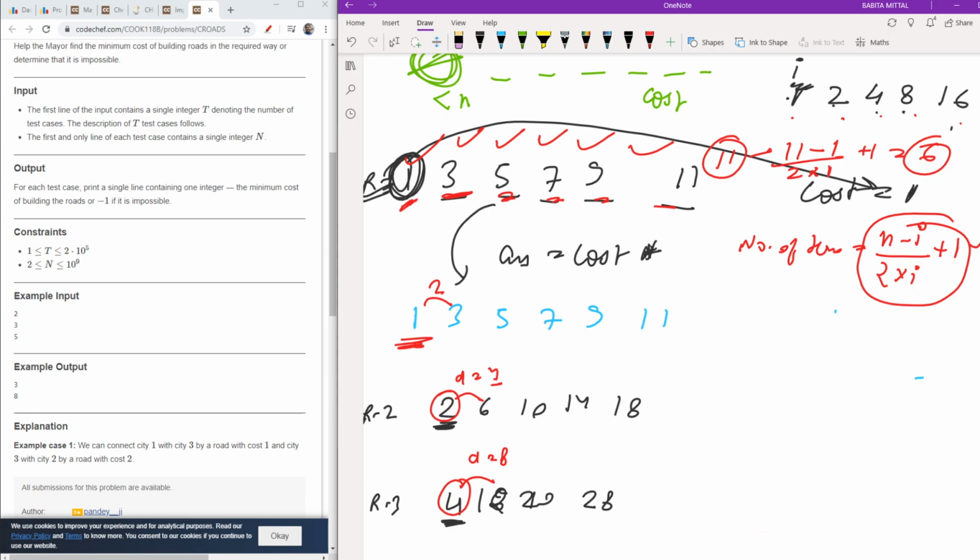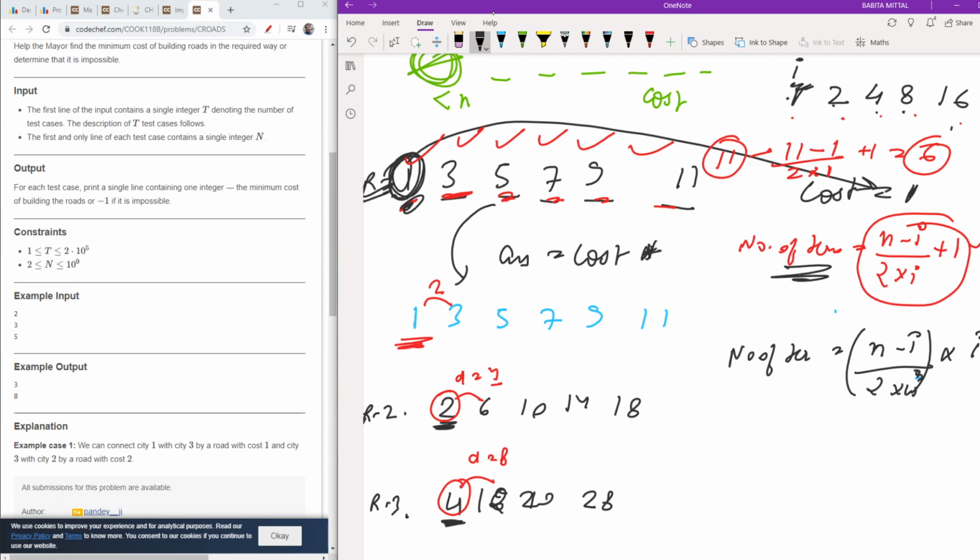So yeah, now the number of terms basically are (n minus i) upon (2 into i). So actually at every step I will multiply my value of i with this, at each range, for the range 1, for the range 2, for the range 3.